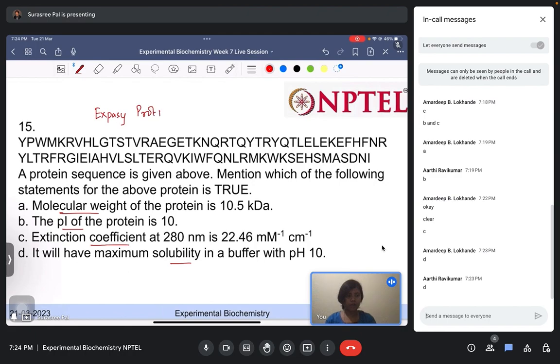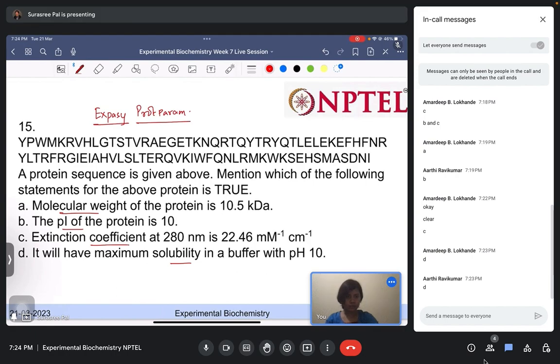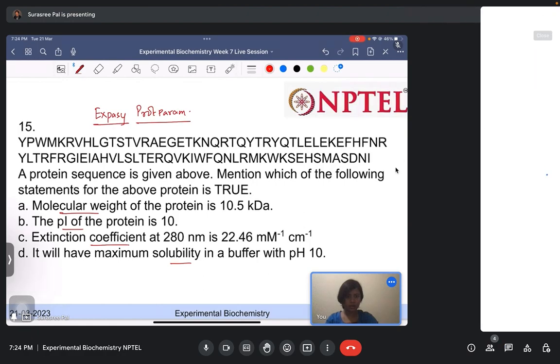So, if you have access to your computer, please open Expasy ProtParam in Google, and there you will be asked to give the sequence. So I will just show you, because I know that this protein sequence is not possible for you to get hand to it.